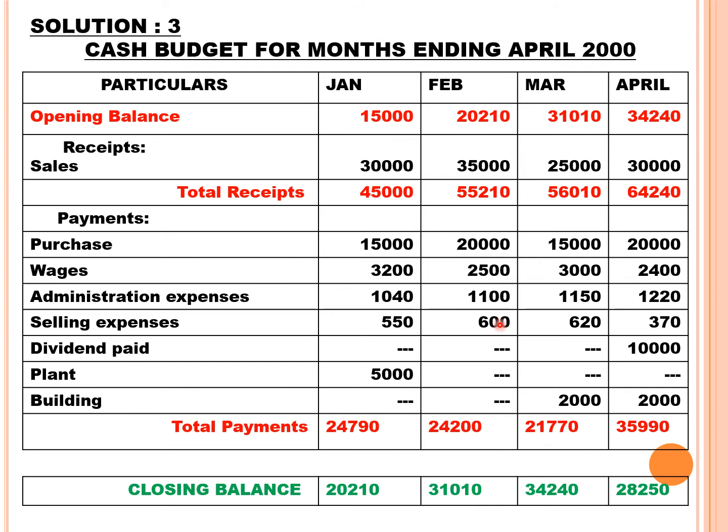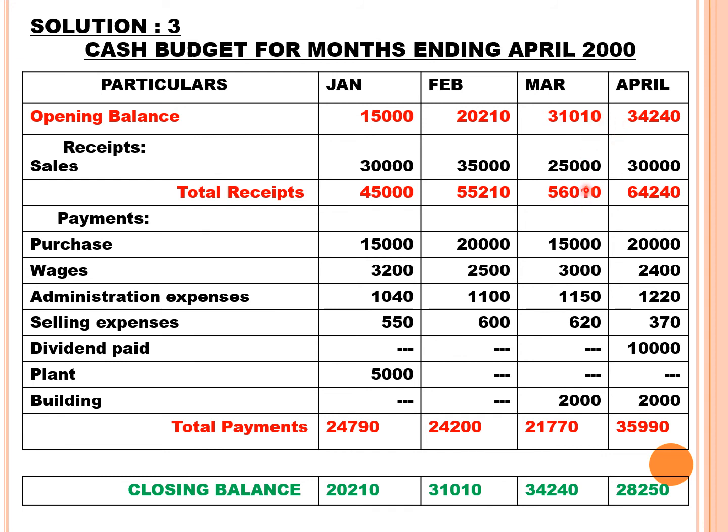January administration expenses paid in Feb, and selling expenses of January paid in Feb. And we don't have dividend paid, we don't have plant purchased, we don't have building purchased. Next, we get total payment of 24,200, closing balance 31,010. Carry forward to the month of March.